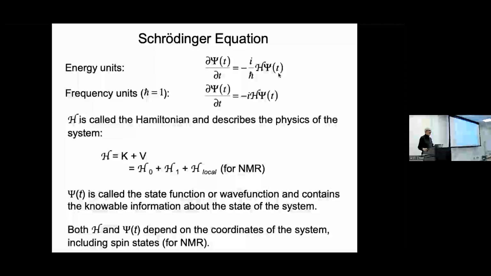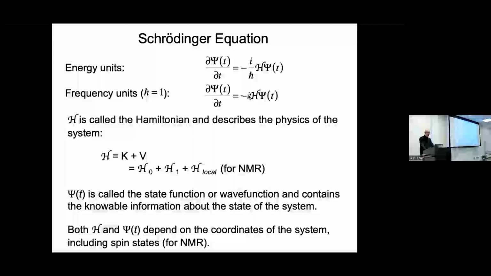But of course, we can always get an energy from a frequency, because energy is h bar times omega. So I'll drop the h bar. That's equivalent to saying I work in a unit system where h bar is equal to 1. And when you want to switch back to an SI unit system, you have to figure out by unit analysis where all the h bars go. So the h bars will mostly disappear.